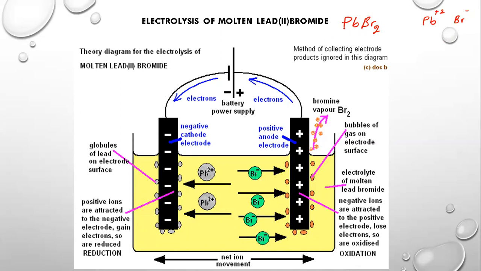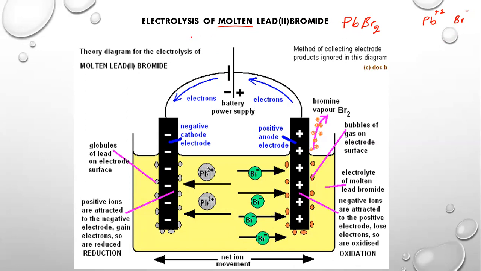So the compound is written as PbBr2. Now, this is a molten compound, and what that means is that you heat lead bromide until it melts and separates into its 2 ions. The ions are now free to move once this compound is molten.